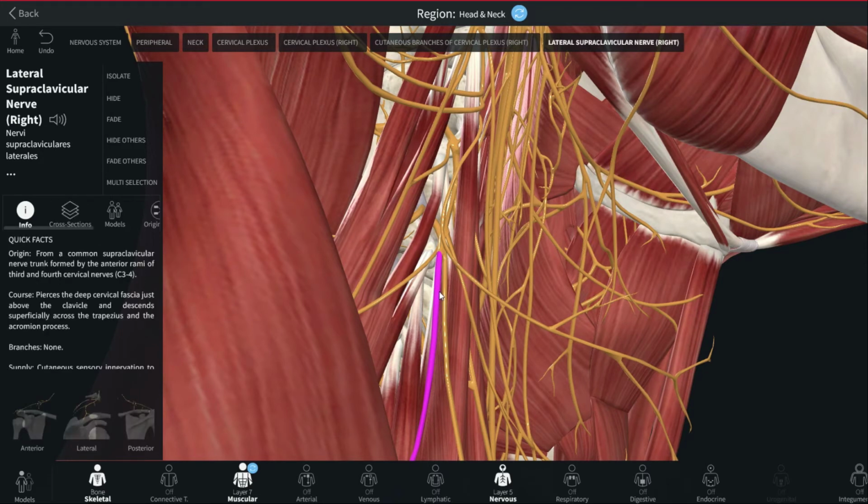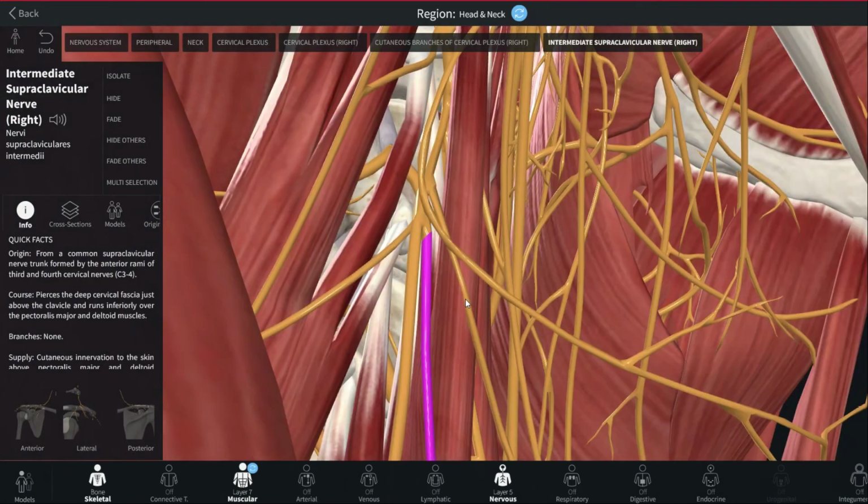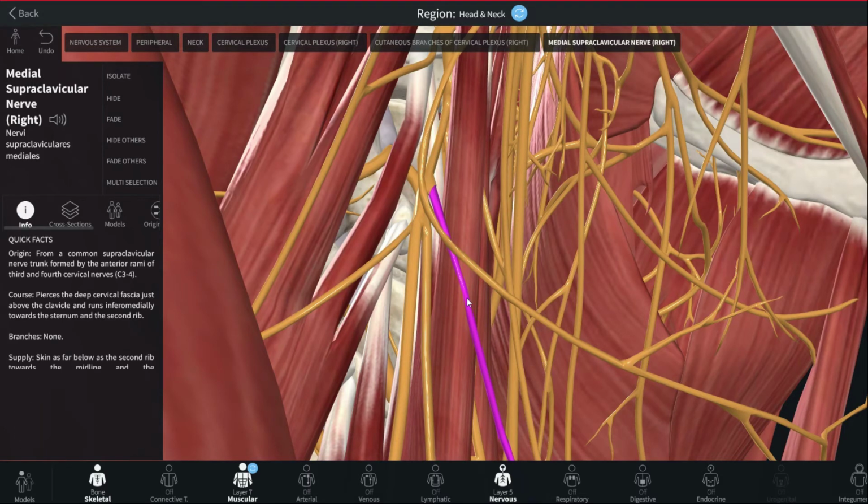If that is the lateral one, this has got to be the intermediate one. So this is the intermediate supraclavicular nerve, and this, I'm sorry, this over here is the medial supraclavicular nerve. So the lateral, intermediate or middle, and the medial supraclavicular nerves.